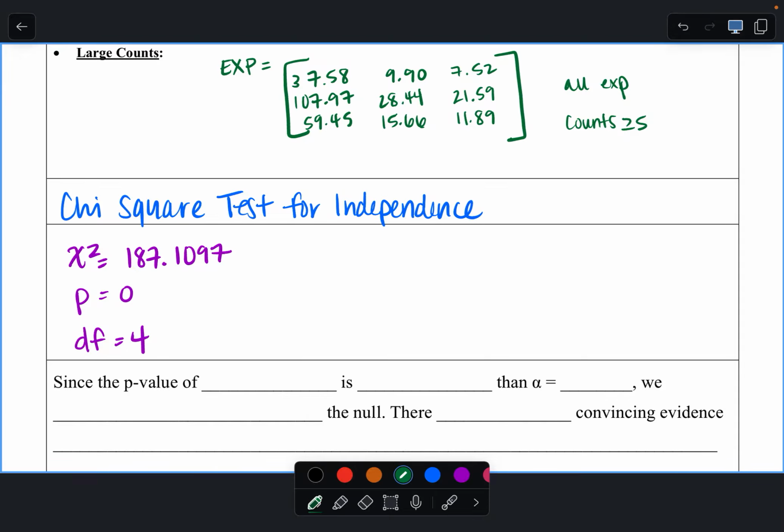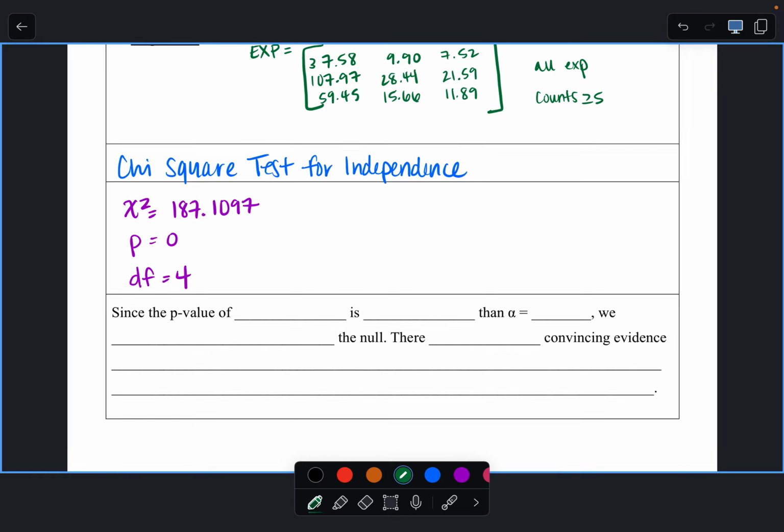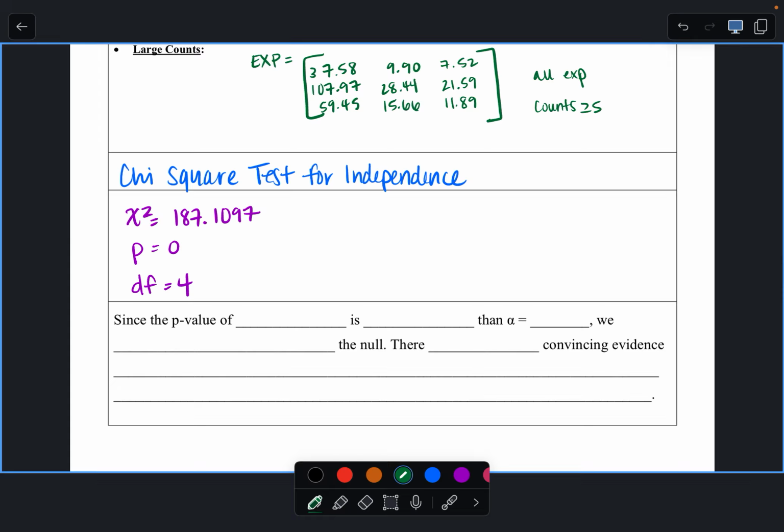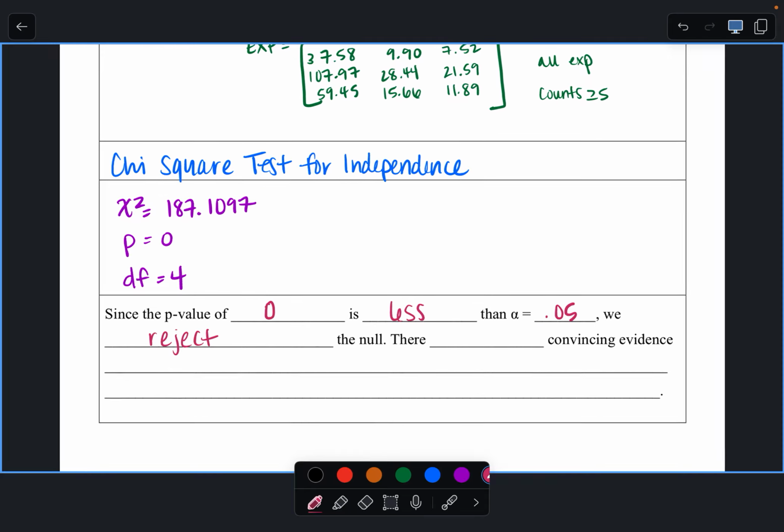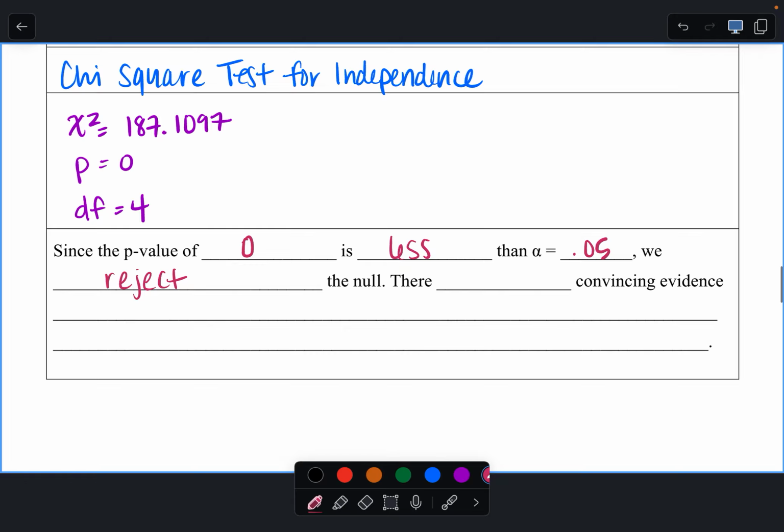In this case, they're all bigger than 5, so it's great. We move on to our conclusion. Since the p-value of 0, which is very, very small, is less than alpha, and if you don't have an alpha, we assume 0.05, if you have less, we reject every single time. With the reject, you're always going to have convincing evidence.